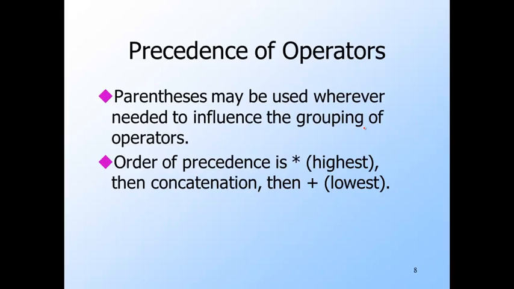For regular expressions, the order is star, then concatenation, then plus. You can think of plus, the lowest precedence operator, as analogous to addition in arithmetic. Concatenation is analogous to multiplication, and star is analogous to exponentiation, although in the case of star, there is no power to which its argument is raised. In a sense, star means raised to all powers.